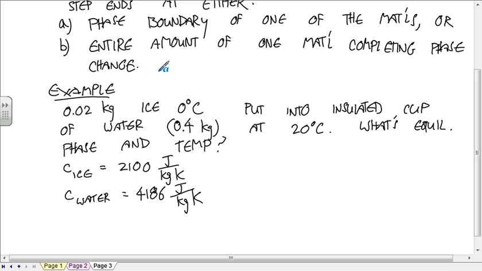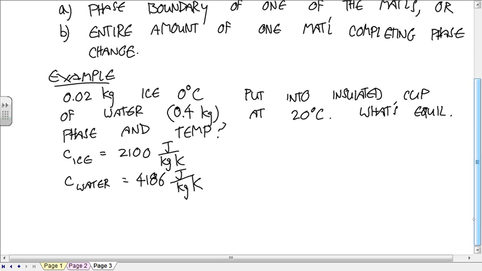So the first step of this process is we're going to set up a calorimetry equation where the heat added to the ice is represented by the latent heat, and the heat removed from the liquid is represented by the specific heat. Okay, so step one.